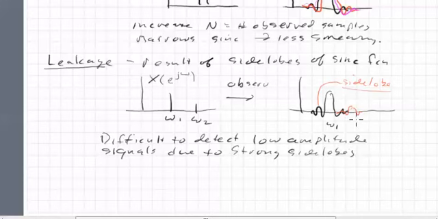In fact, when we look at these spectra, we see all these side lobes, all these bumps in the spectrum. We don't know which of them may be due to real signals that are in the original signal, or which are just side lobes, energy that's leaked out of the main frequency.